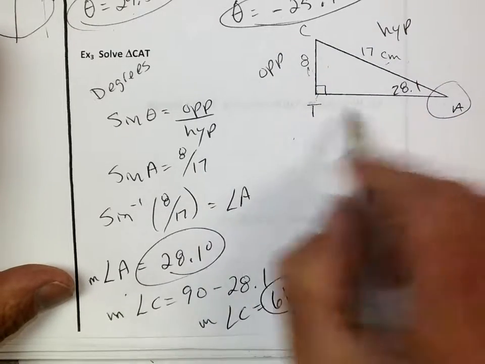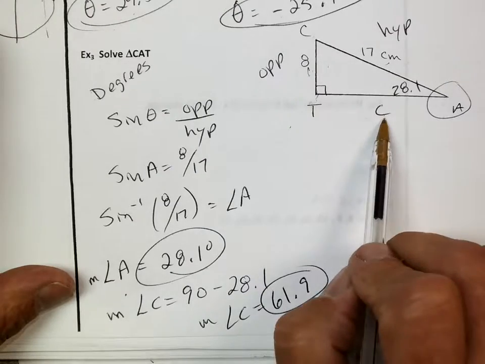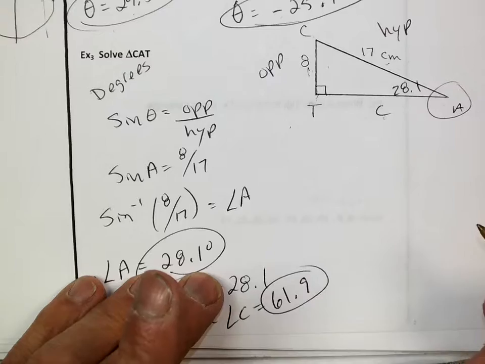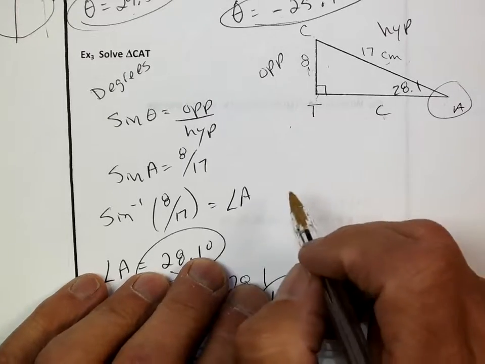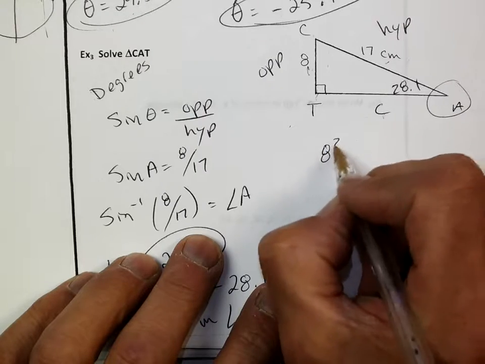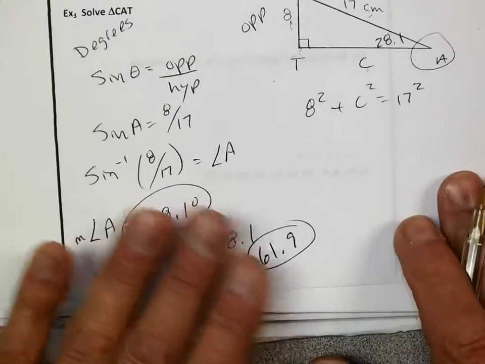Now if I want to find little c, that's angle C, that's little c. Let's just use the Pythagorean theorem. That seems like the easiest way to do it. You could use sine or cosine or tangent, but I'm going to go straight to 8 squared plus c squared equals 17 squared, right? Pythagorean theorem.